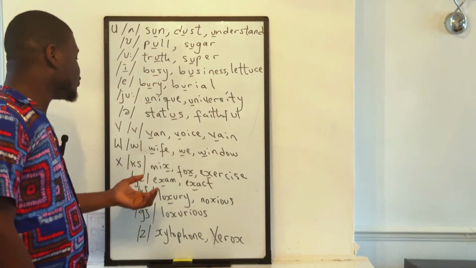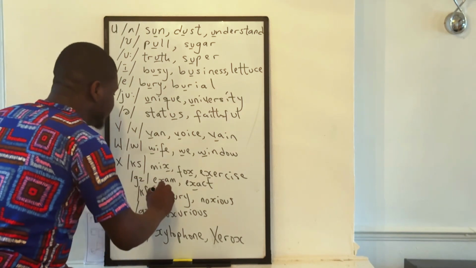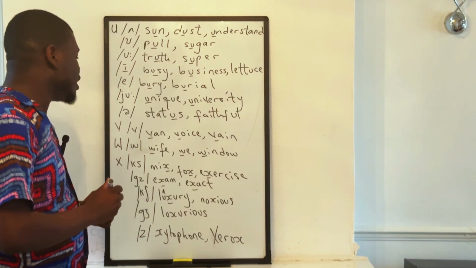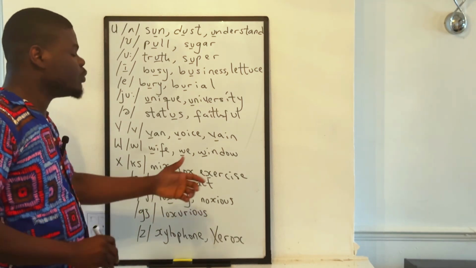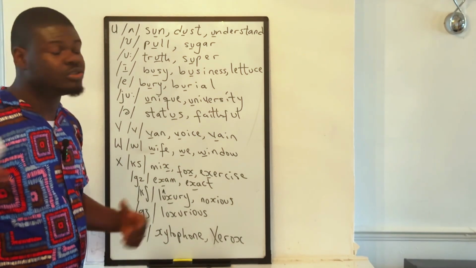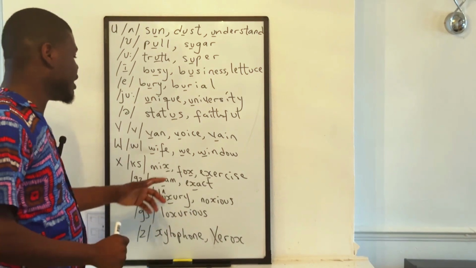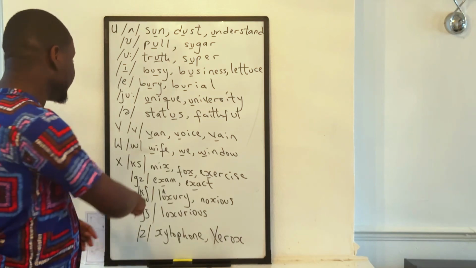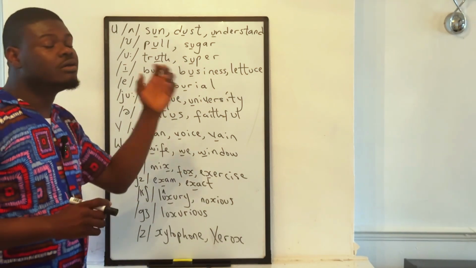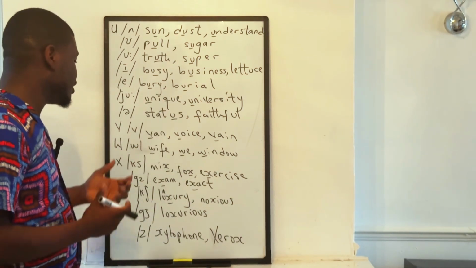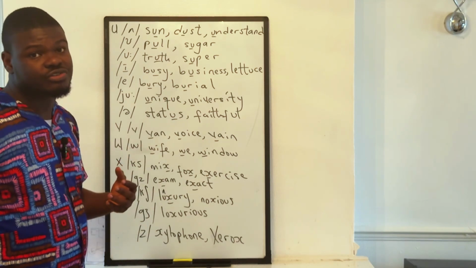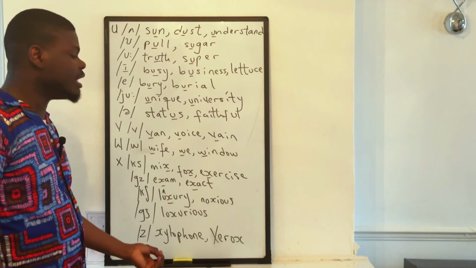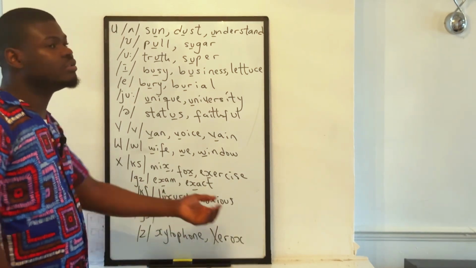Take note of the word luxury: what we've got there is the vowel number 10, not la and not lo. It's luxury. And then noxious, also the word obnoxious, same sound. Then it can also give us the g and the j together, like luxurious. Then it can give us the z sound, as in xylophone and Xerox.